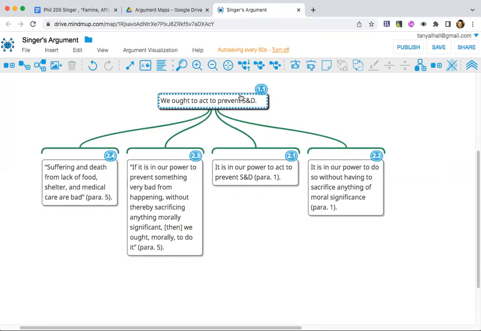They're about mapping the structure of the argument for our own understanding of the argument and as a strategic way to evaluate the argument, because the structure of the argument is relevant to how you evaluate it and come up with objections and figure out what needs support. So is this correct? Are each of these on their own a reason why we ought to prevent suffering and death?